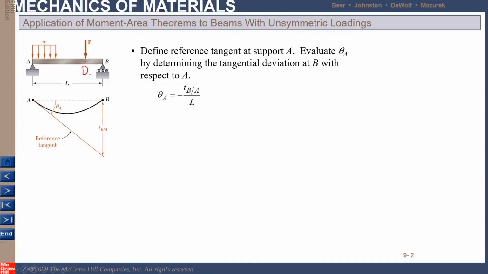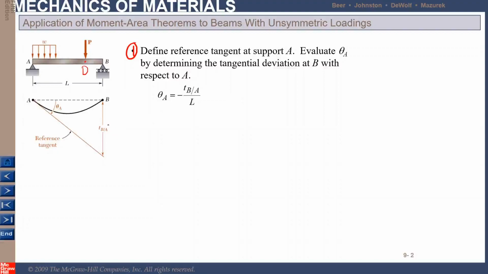What we need to do is put one of the supports as a reference. In this case, I will choose support A as our reference. The first thing that you need to do is find the value of theta A. Mathematically, we can get theta A as tBA, divided by L, the whole length of the beam.